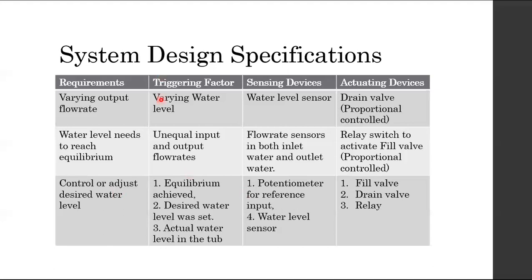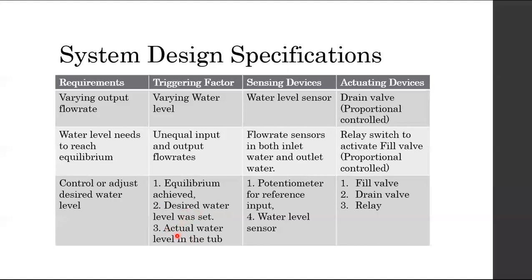So, ano ang triggering factor? Okay, kailangan ma-achieve muna yung equilibrium. Okay? At kapag naka-equilibrium na ang water level, magbibigay na ng water level reference or settings. Kung ano yung gustong setting, yung medyo low level lang or bahagyang halfway ng bathtub or kailangan puno yung bathtub. Okay?